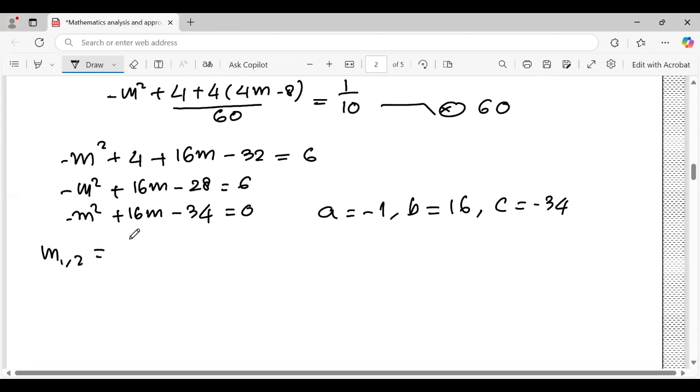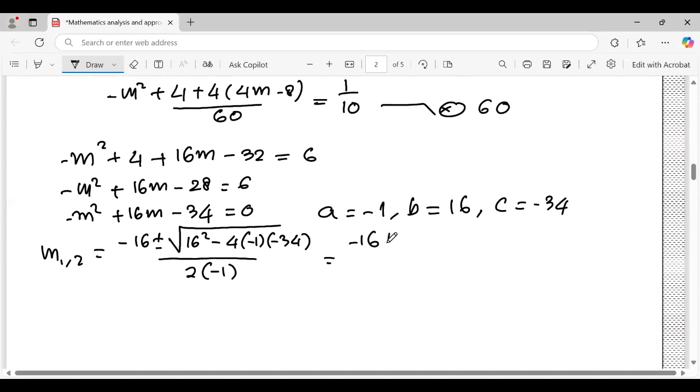M1 and M2 equal minus 16 plus minus the square root of 16 squared minus 4 times minus 1 times minus 34, divided by 2 times minus 1. That is minus 16 plus minus the square root of 256 minus 136, over minus 2.